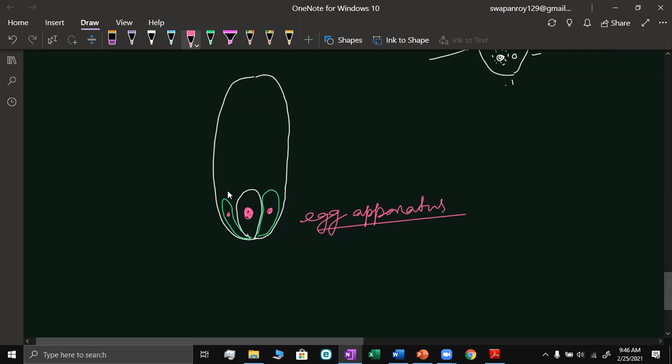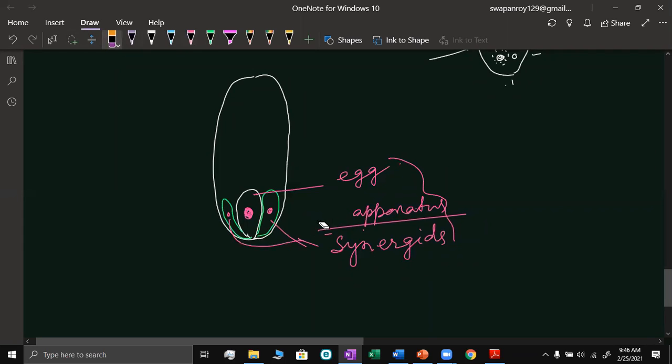In these, the middle one is the egg, and the 2 on the side are known as synergids. So the egg and synergids together are known as the egg apparatus.